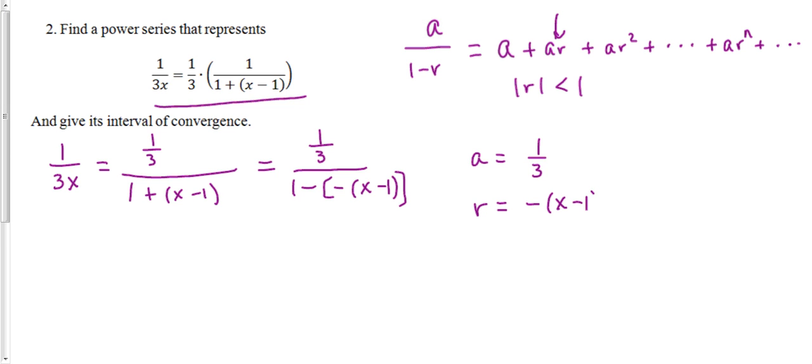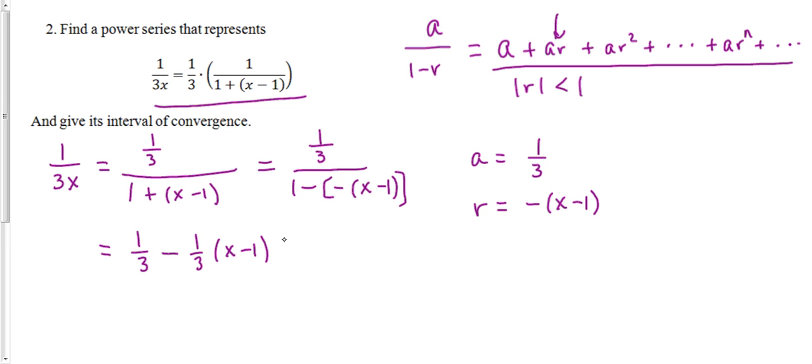And now I can say that a is equal to 1/3 and r is going to be equal to negative x minus 1. And now I'm going to substitute those things into my power series up here. So I'm going to have 1/3, and then I'm going to have 1/3 times r, which is going to give me a negative 1 there. And I'm going to have 1/3 times x minus 1.